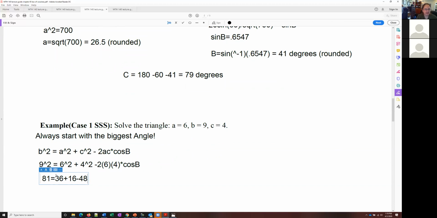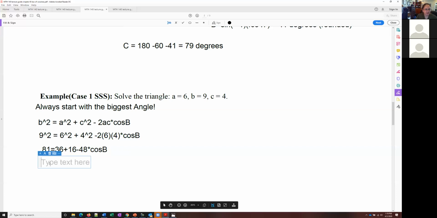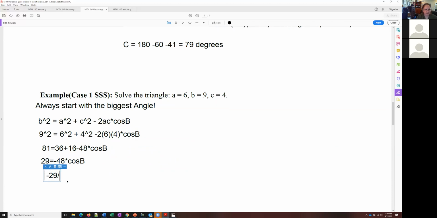So 48 times the cosine of angle B. So if we subtract the 36 and the 16 away from both sides, we get 29 equals negative 48 times the cosine of angle B. And then we can divide both sides by that negative 48. So we have negative 29/48 is equal to the cosine of angle B.